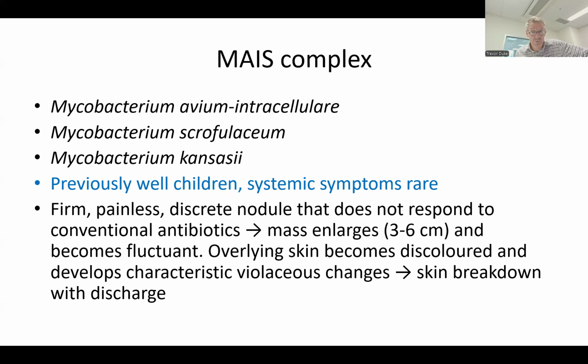It's caseating, of course, and there is a skin discoloration over the caseating granulomatous nodule, and sometimes the color can look rather purple too, not purpuric, but sort of violet in color, reddish violet, and the skin breaks down and discharges.